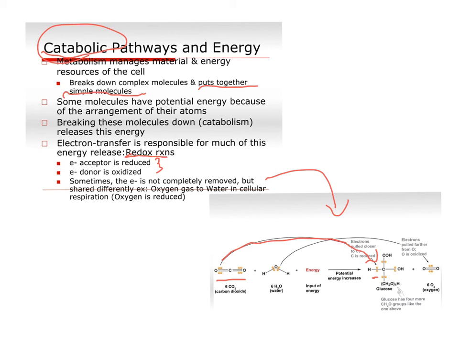And again, here the oxygen is keeping the electrons close in water, but remember that water molecule is going to get released as oxygen gas in this particular reaction, which means in oxygen gas, the electrons actually move further away from each oxygen atom, which means that oxygen ends up being oxidized in this process. So just keep in mind that these are redox reactions.